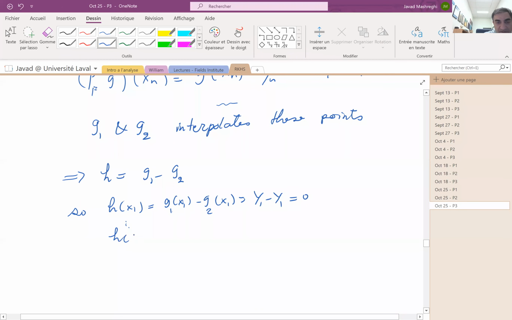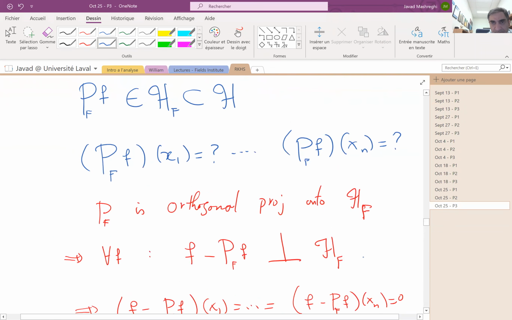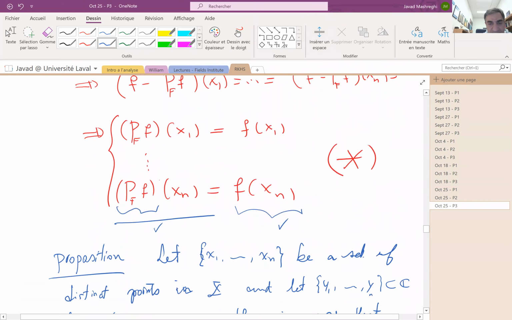And the same, h of xn is equal to 0. H of x1 up to h of xn equal to 0, we saw that this is equivalent to saying that h is orthogonal to HF. This was mentioned somewhere above. Here it is. If a function is 0 at those points, it's equivalent to say that it's in the orthogonal space.